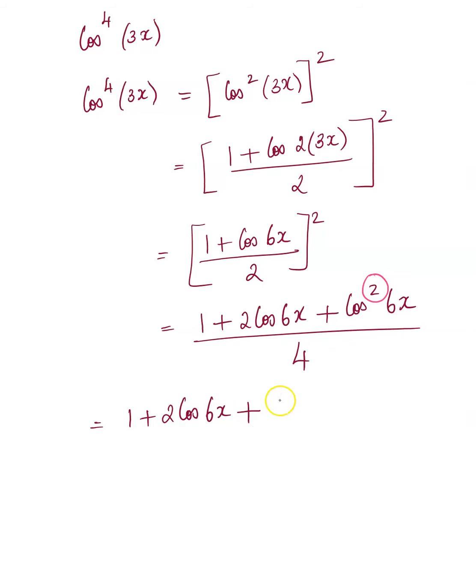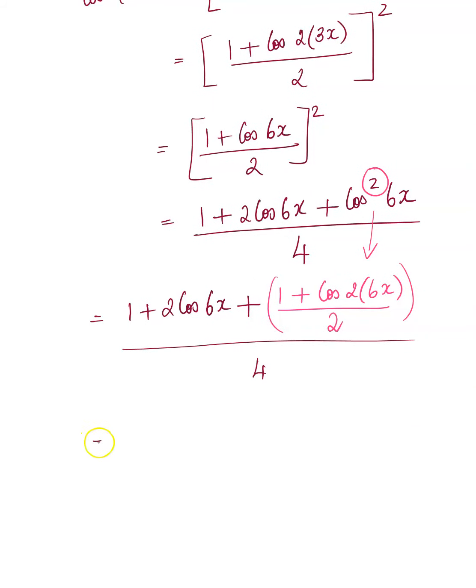I'm going to put that in pink so that you can see I've substituted for it. It's 1 plus cosine 2 times that 6x. It got doubled the first time we squared it, and now it's doubled again. That all over 4. Just like that, it became a complicated expression.